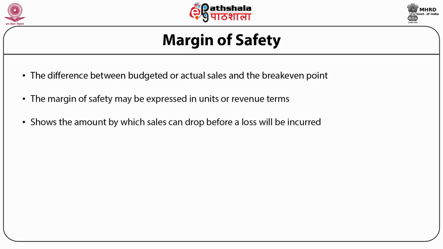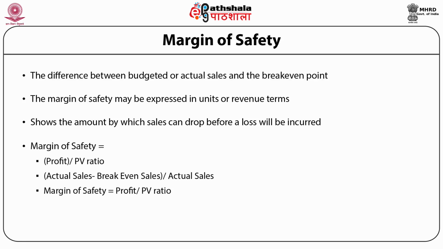The margin of safety may be expressed in units or in revenue terms. Margin of safety is equal to profit divided by PV ratio, or actual sales minus break-even sales divided by actual sales into 100.